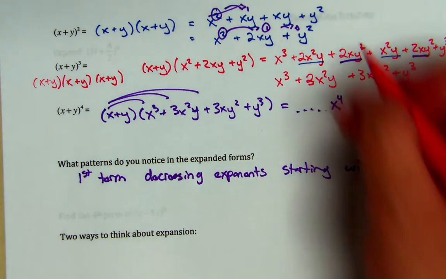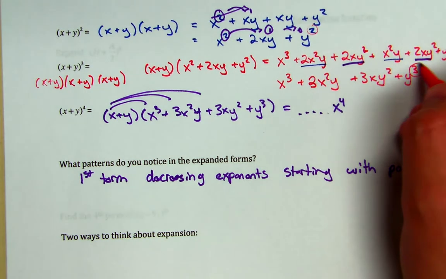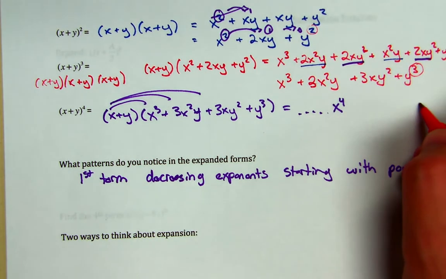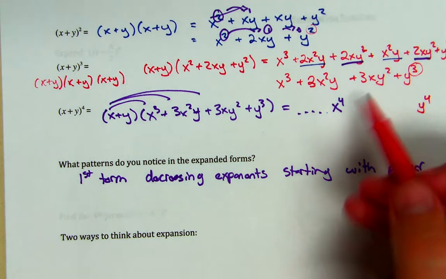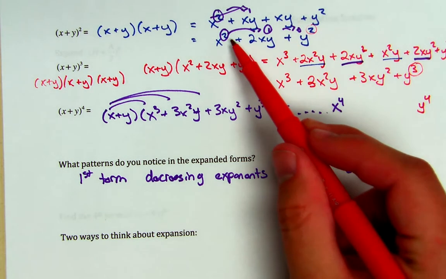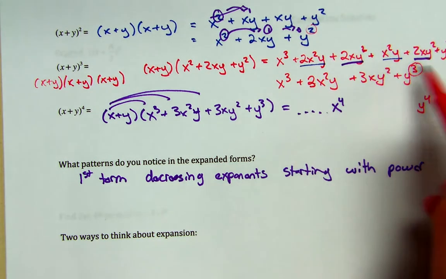Well, similarly, let's look at y squared. Well, y squared, we've got y cubed, and then you bet that this is going to end with y to the fourth. So the second term is increasing in exponents. Look back, it started with 0, then you have a 1, then you have a 2. Starts with 0, then you have a 1, then a 2, then a 3.